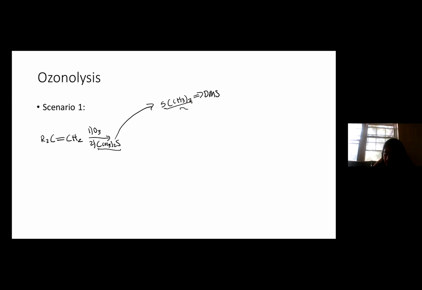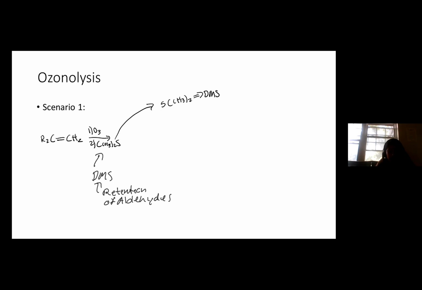So it can also be written as S methyl, because this is a methyl too. They all mean the same thing. So this is the second step, and when there's DMS, there's retention of aldehydes.